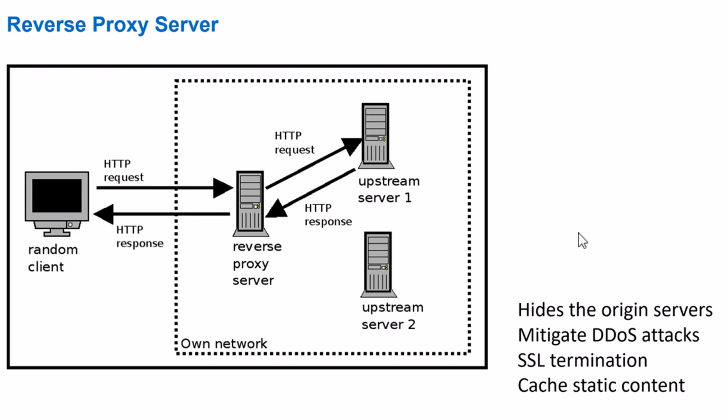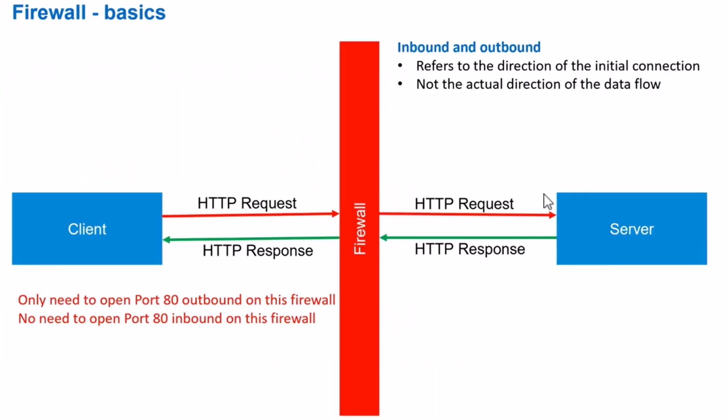So here again, the advantage is it hides the origin of the server. It also mitigates any distributed denial of service attacks. It can also do some SSL termination, thereby offloading the load on the server, and it can also do some caching of static content. So we are already aware of the proxy server and the reverse proxy server.